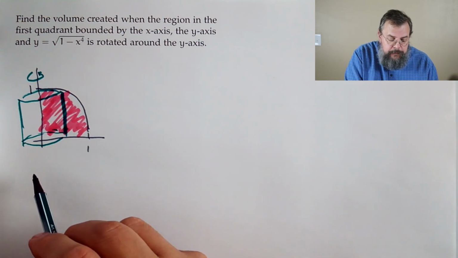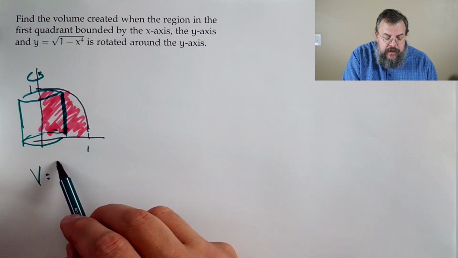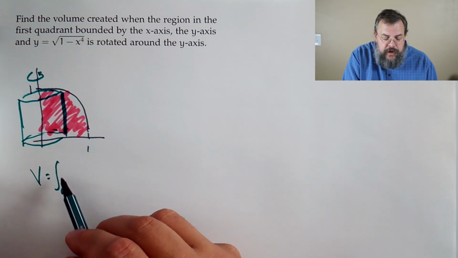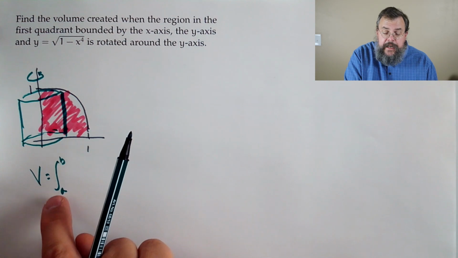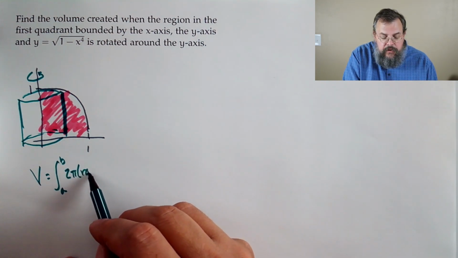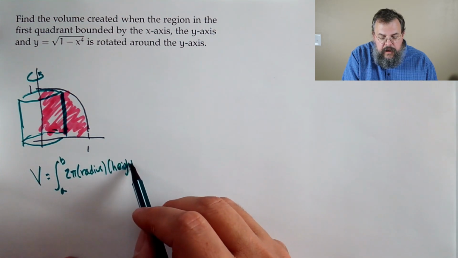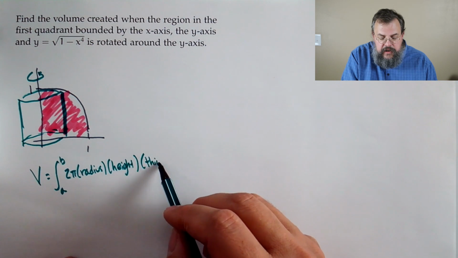Okay, so our basic formula. Volume is equal to our integral from start to finish. In other words, we're really adding up. That's what integration is about. Our 2 pi, our radius, our height, and our thickness.